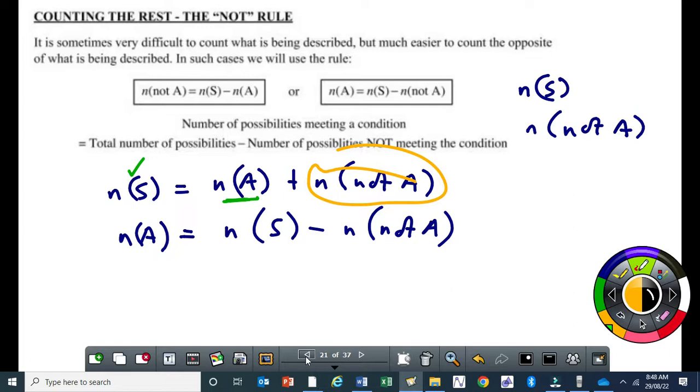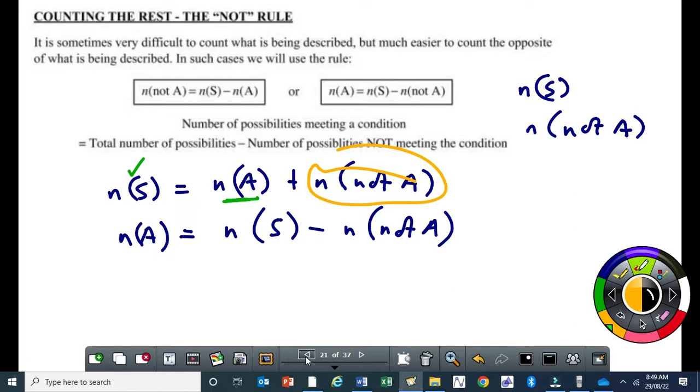Now, to find it directly is a little bit complex. So we have to determine all the possibilities with no number which can be divided by 5, and then we subtract it from the total in the sample space. It will be much easier to do it that way.